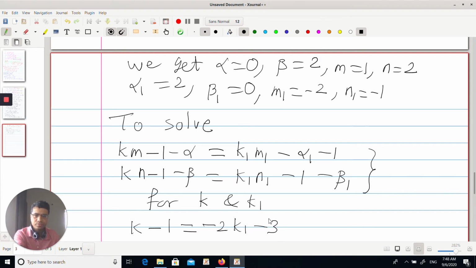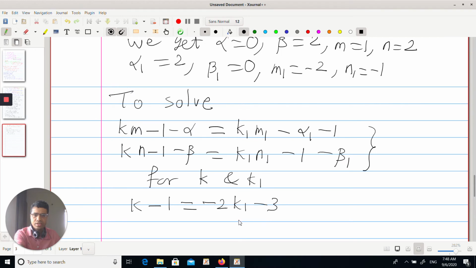Similarly, the second equation is kn minus 1; n is 2, so 2k minus 1 minus beta. Beta is 2, so minus 1 minus 2, it is minus 3, equal to k1 n1. n1 is minus 1, so minus k1, minus 1 minus beta 1. Beta 1 is 0, so simply it is minus 1. We simplify this equation.